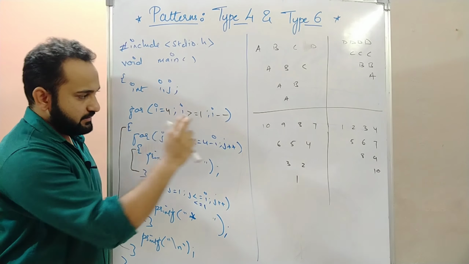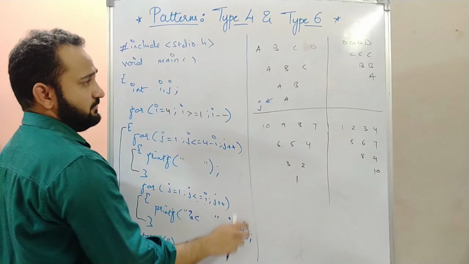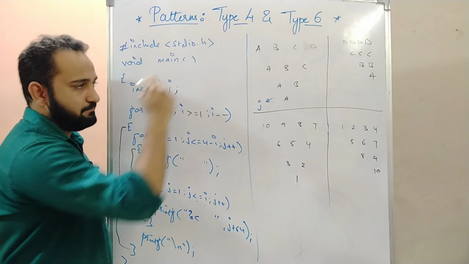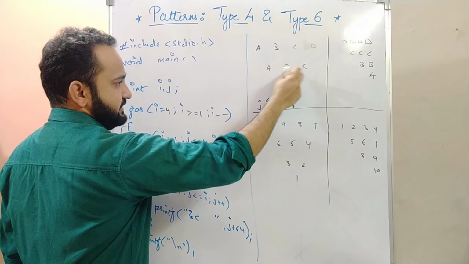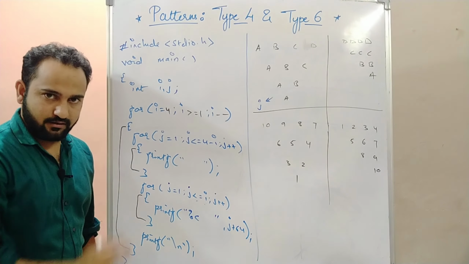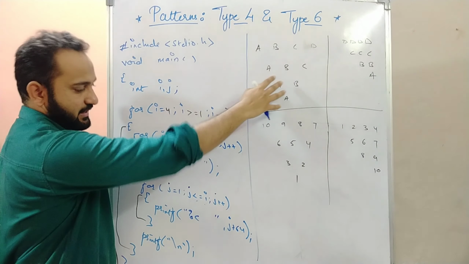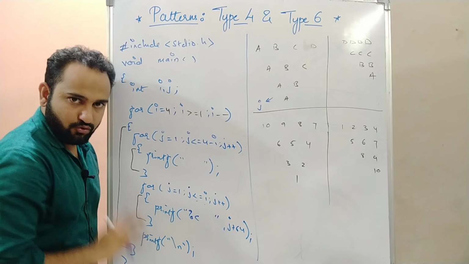I really don't think we have to revise all these things, we have done it. So j plus 64 will become 65. We'll print A, then B, C, D, and leave space. Then we'll start from A, B, C, then A, B, then A. Fine. So for this pattern, we have this code.